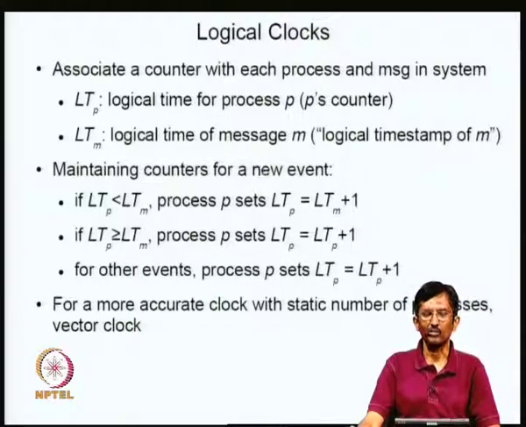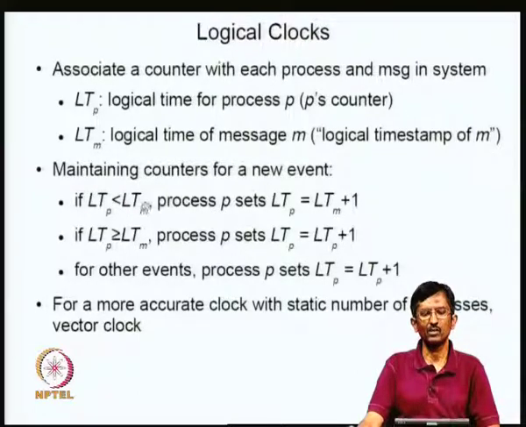Suppose there is a new event. What can be the new event? It could be because the process P got a message, or it is doing something else. Suppose it got a message, then you look at the message and see its logical timestamp.